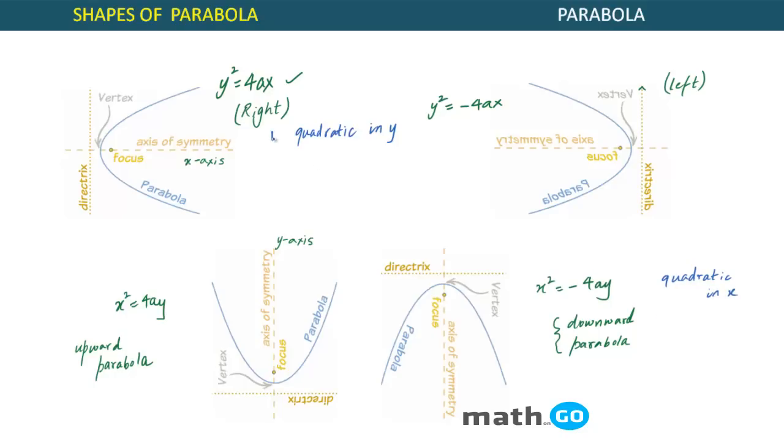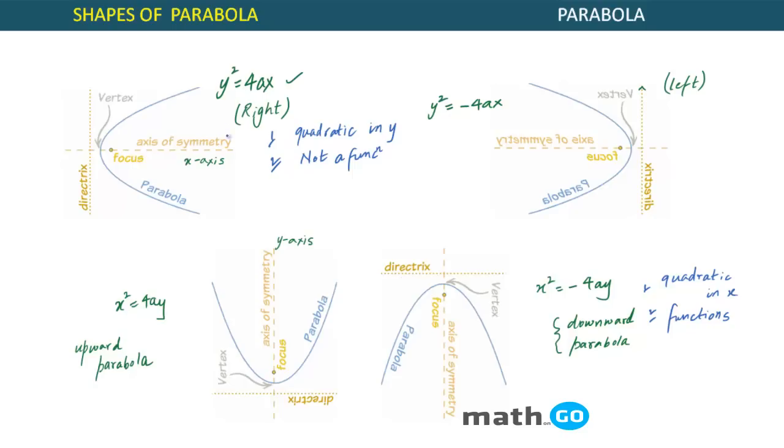Another big property that you should remember is that the first two diagrams are not functions, whereas the later two diagrams are proper functions. We'll do why they are not functions when we study the topic functions. So there are four particular parabolas which you have to remember: right, left, upward and downward parabola.